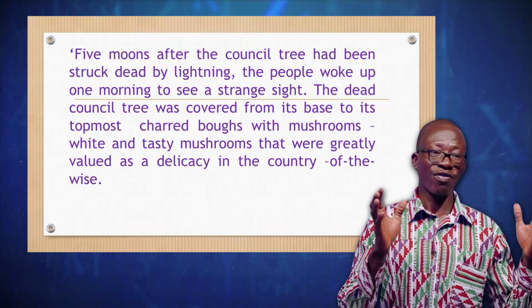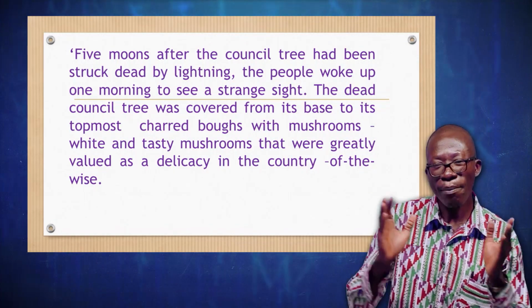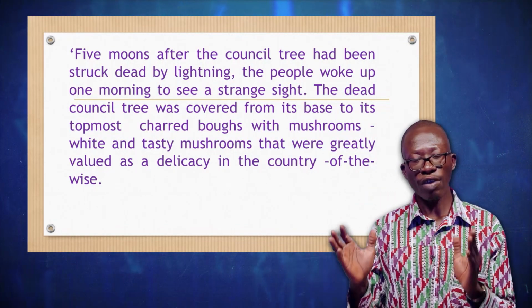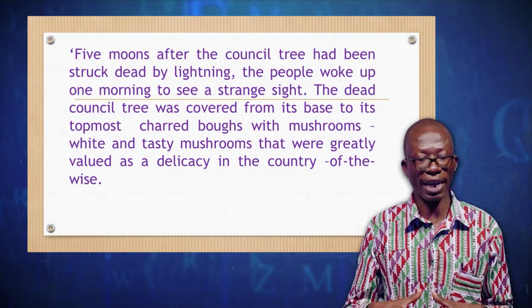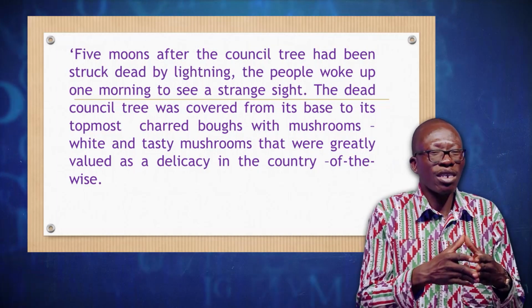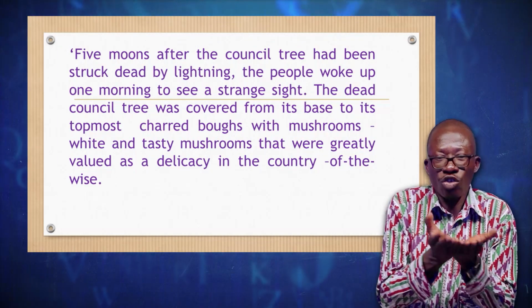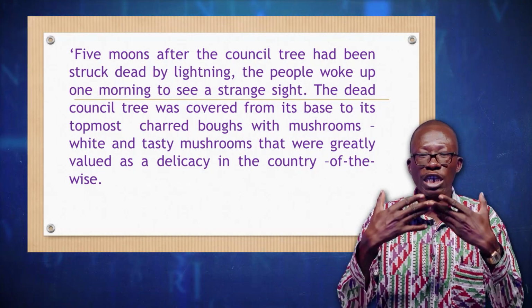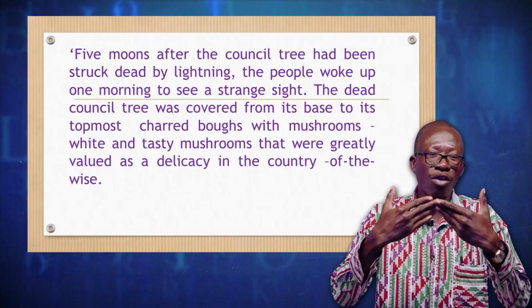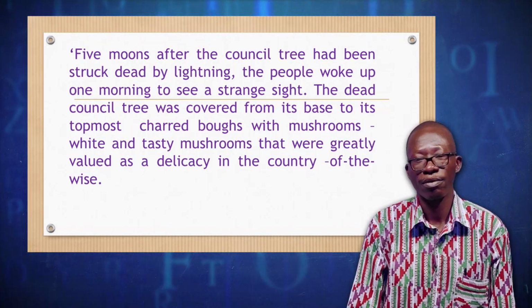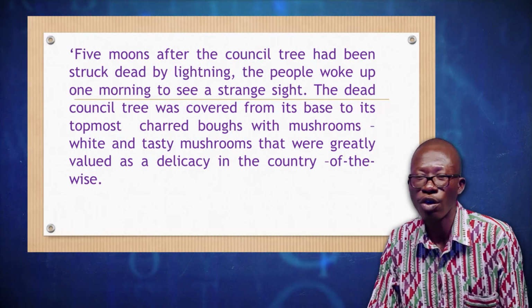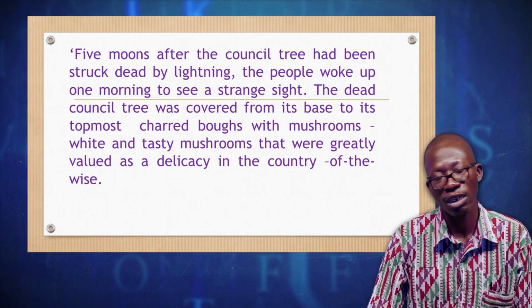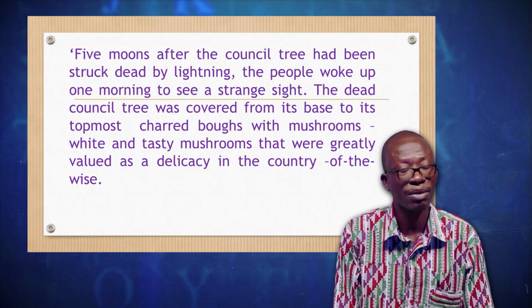So we have the first clause that is introducing the main statement. The first clause, five moons after the council tree had been struck dead by lightning, is subordinate to the people woke up one morning to see a strange sight, which gives us a complete meaning. Therefore, the people woke up one morning to see a strange sight is a clause that gives a complete meaning.